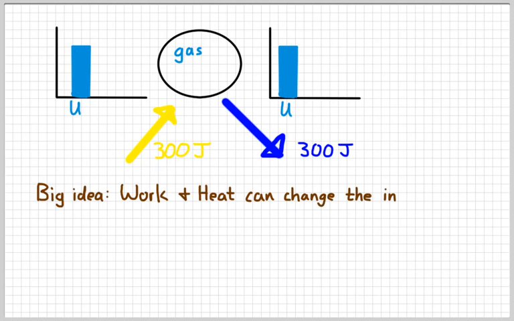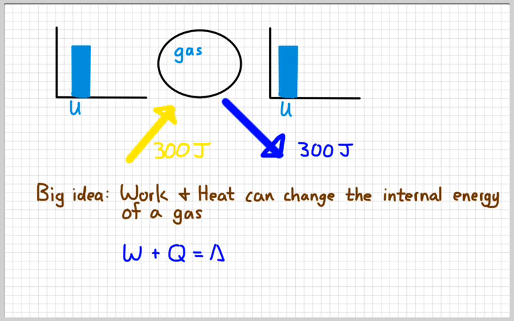So to kind of sum up, the big idea here is that work and heat can both change the internal energy of a gas. Energy's got to be conserved, so any work that's added or any heat that's added has to be lost or gained from somewhere else, and that's what that equation work plus Q equals delta U tells us.